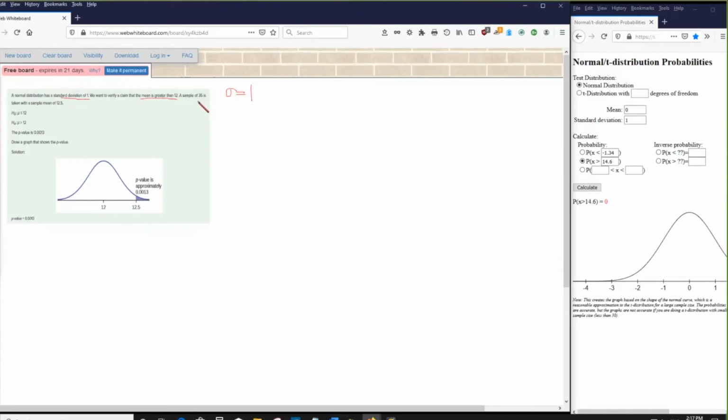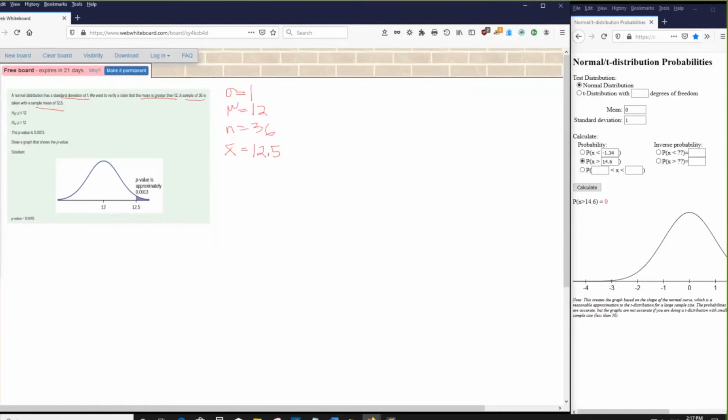And we have a sample of 36. Our mean is 12, we're given a sample of 36, and we're given a sample mean of 12.5. So this is the data that they've given us.